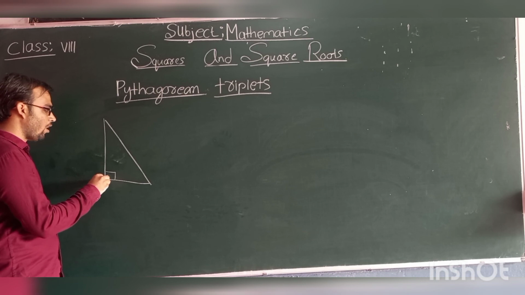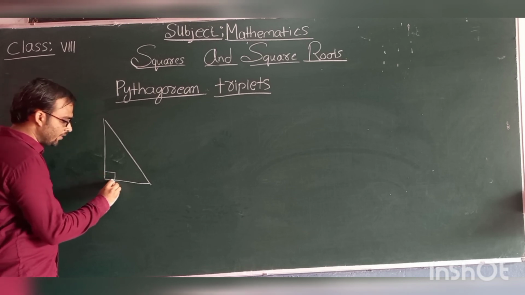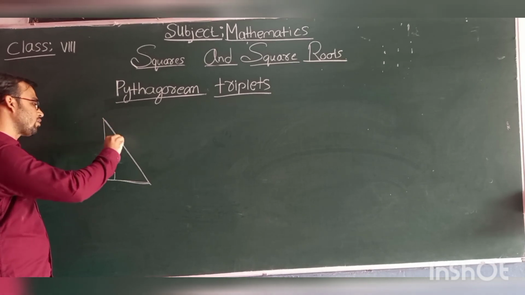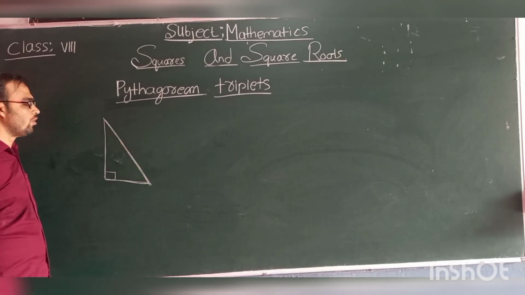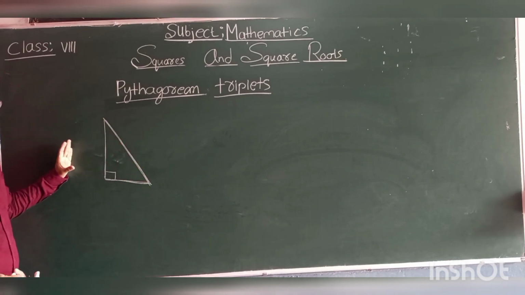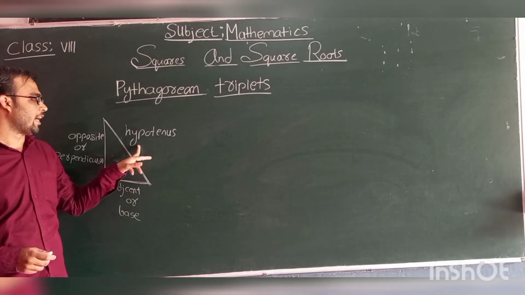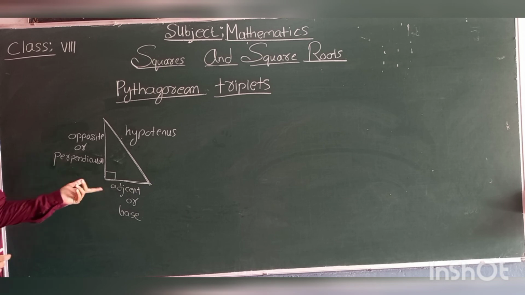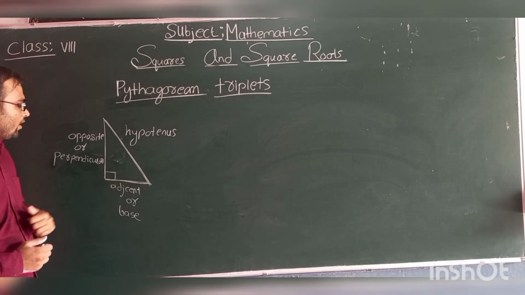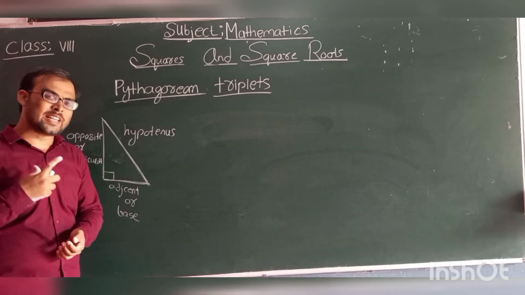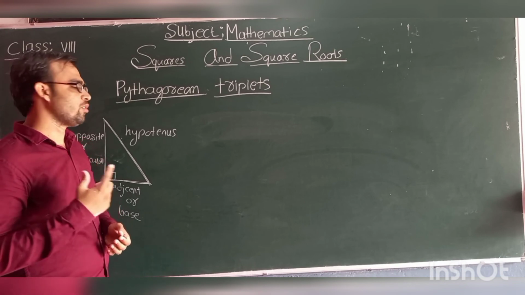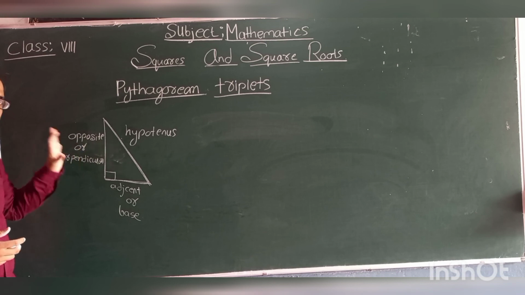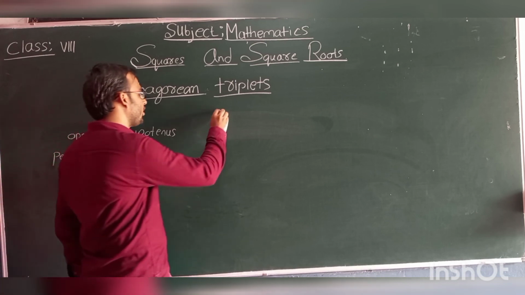Okay. So this is called the opposite side or perpendicular, and this is called the base or adjacent side, and this side is called what? Hypotenuse. Okay. So a triangle will have 3 sides. Students, in any right angle triangle, there is a relation between these 3 sides, that is hypotenuse square.